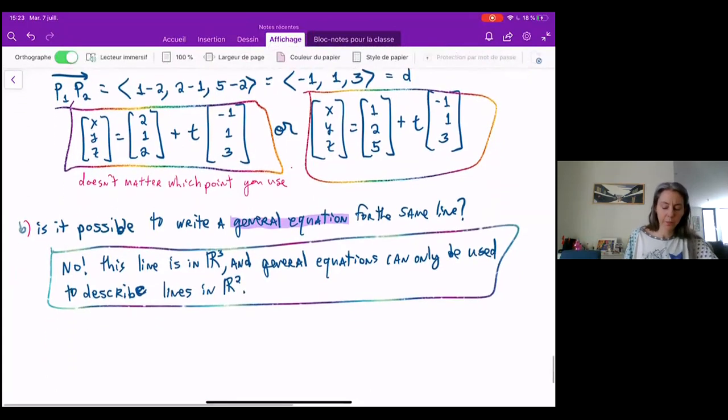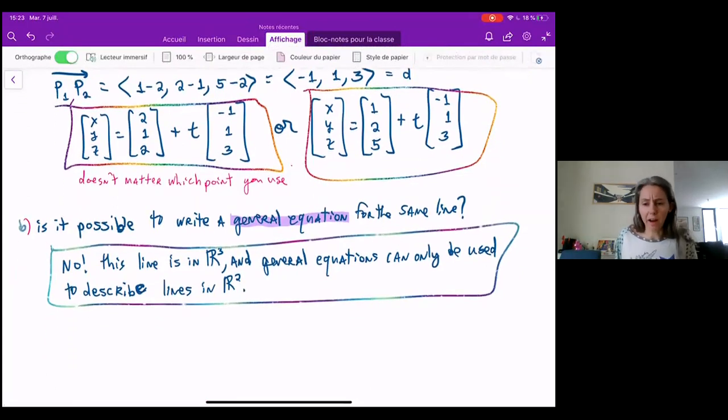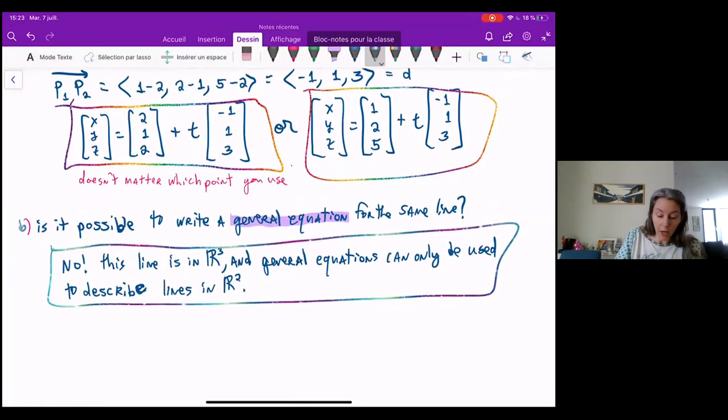Next question is, we know how to figure out if a point is on a line when we have the general equation. You guys did that back in, I don't know, like Sec 2, Sec 3, a long time ago. So how do we determine if a point is on a line when we're using the vector equation for that line?